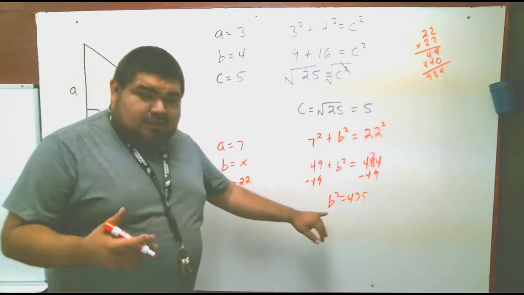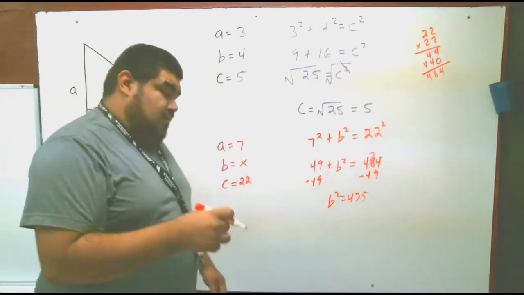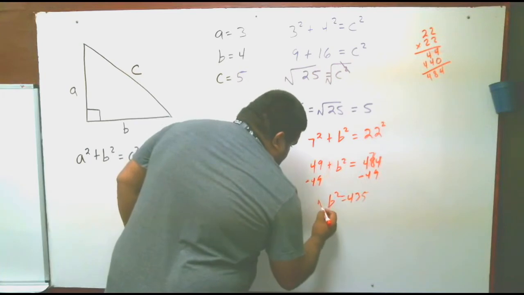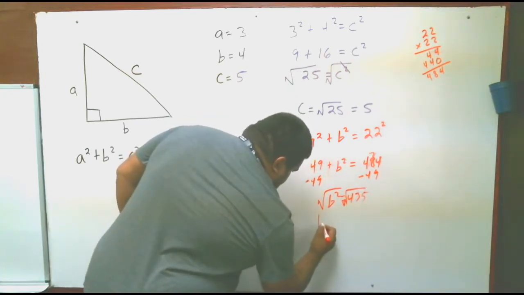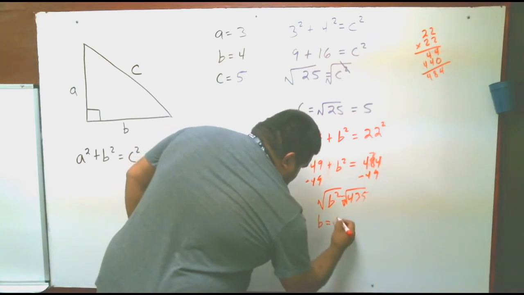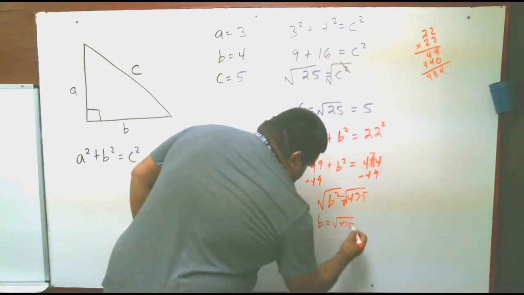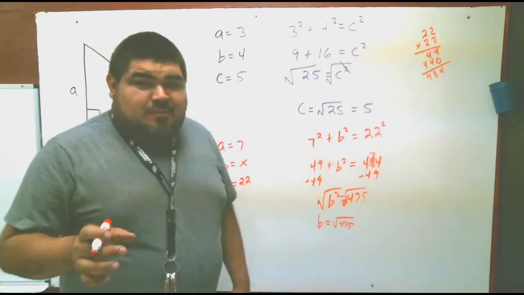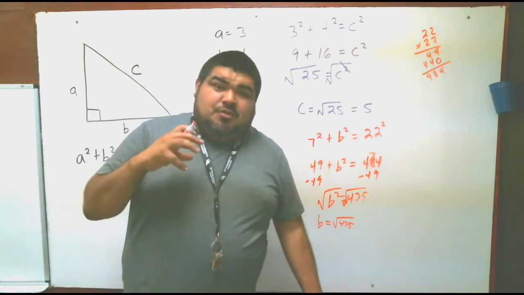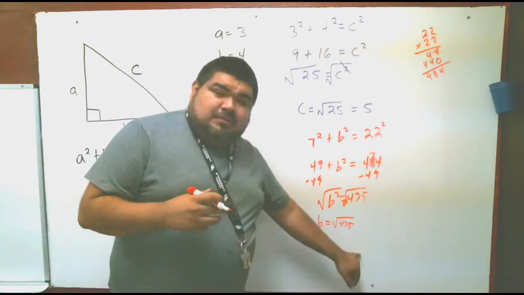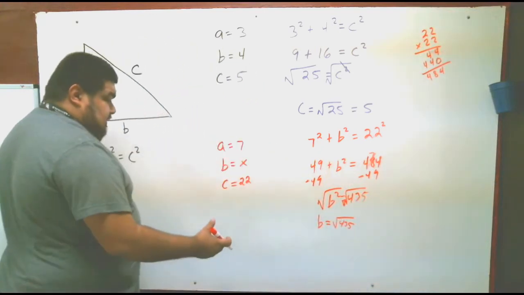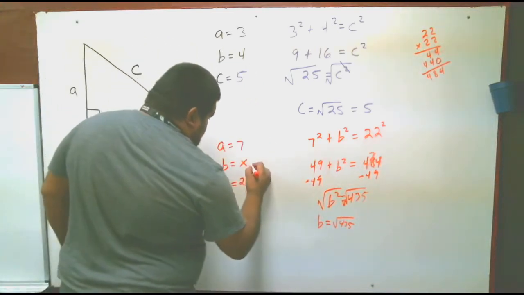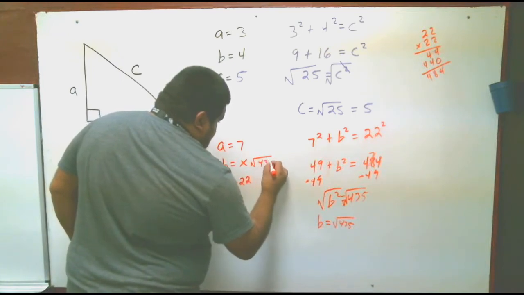But wait, again, we have the square, so we're going to radical it out. Pretty much give you guys the answer. So b equals radical of 435, which if it doesn't have a perfect number, you can always break it down into two numbers that give you the same number, or we can also leave it as it is. So b equals radical of 435.